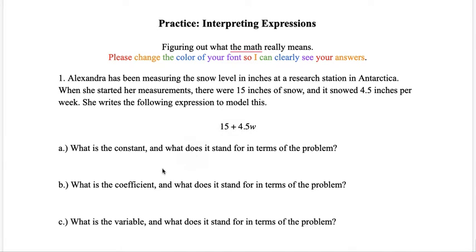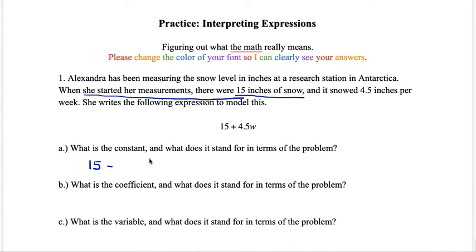So what does everything mean in here? What is the constant, and what does it stand for in terms of the problem? We know that our constant is the number that's on its own, so 15 is the constant here. When we go back to our context, we've got 15 inches of snow when she started her measurements.